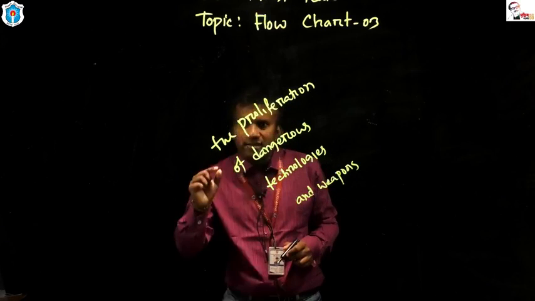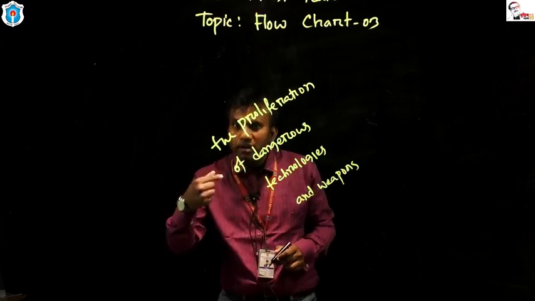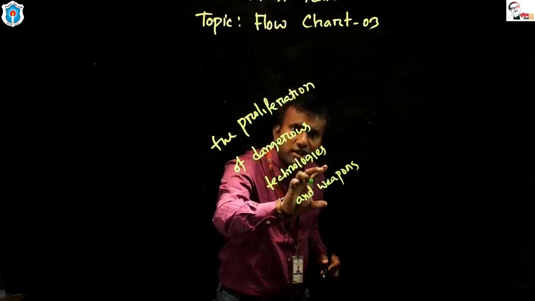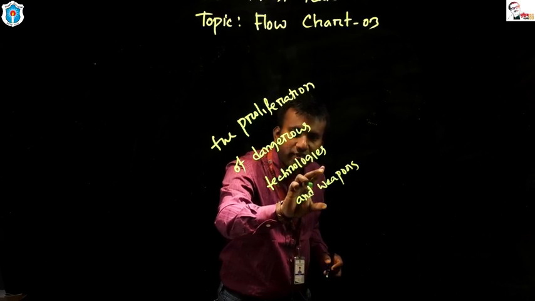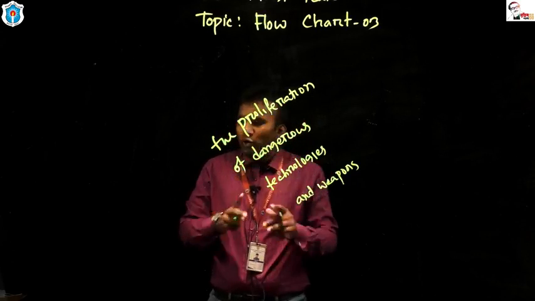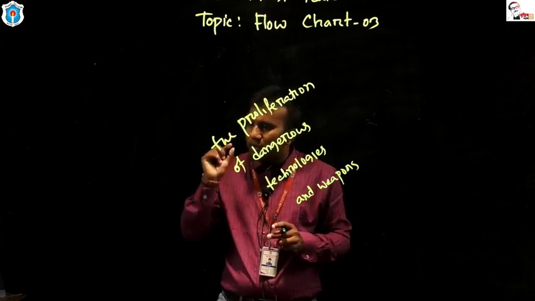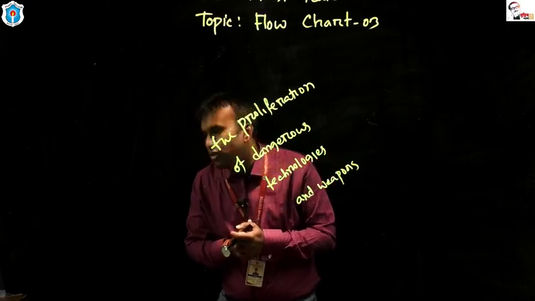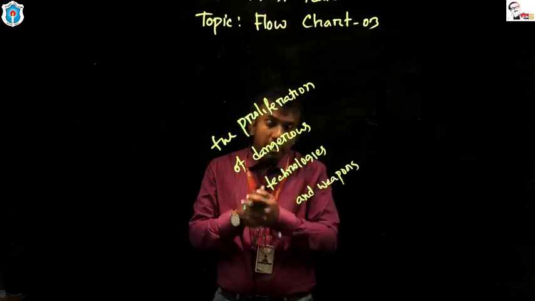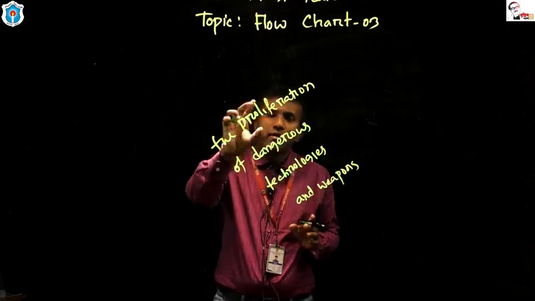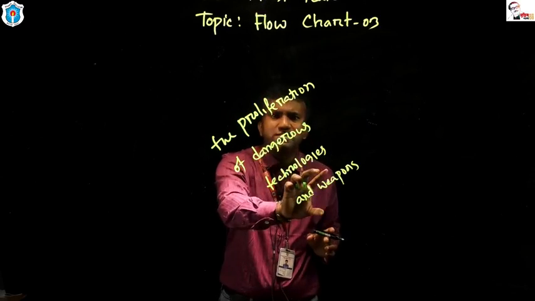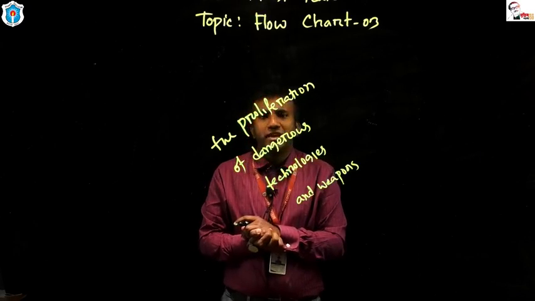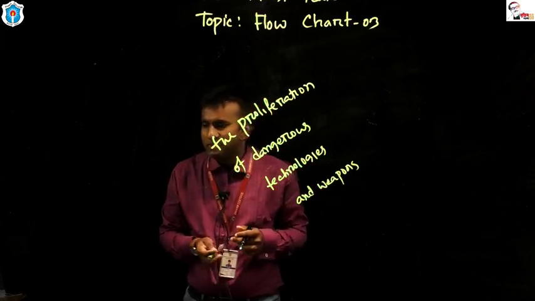Peace movement has the tendency to oppose the proliferation of dangerous technologies and weapons. And we have got 2 names, nuclear weapons and biological warfare, as dangerous technologies and weapons. Peace movement doesn't support that dangerous technologies and weapons get proliferated or expanded. This is another target of peace movement.